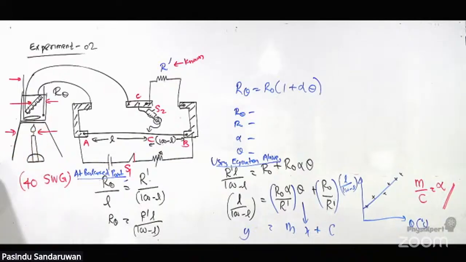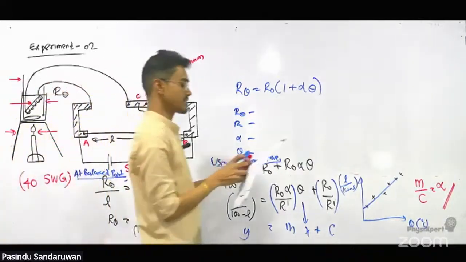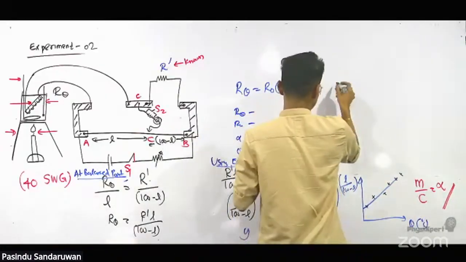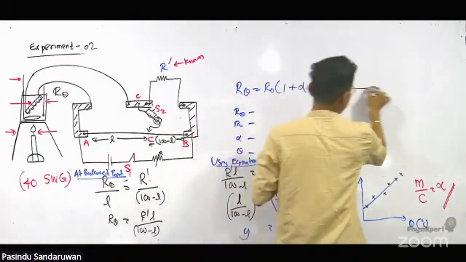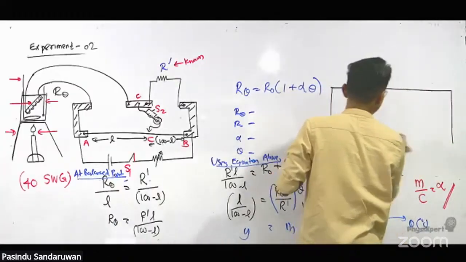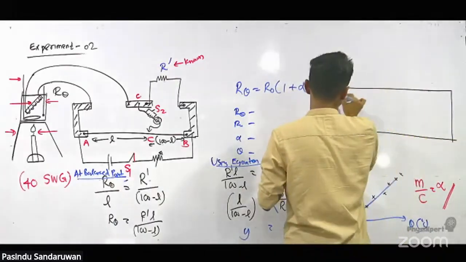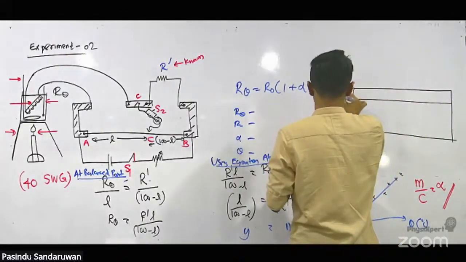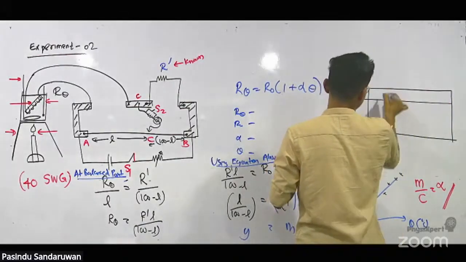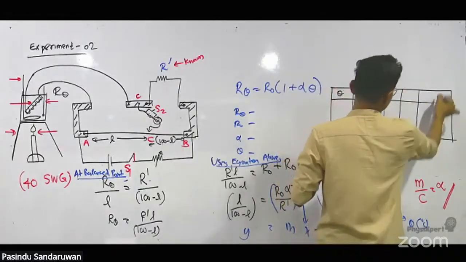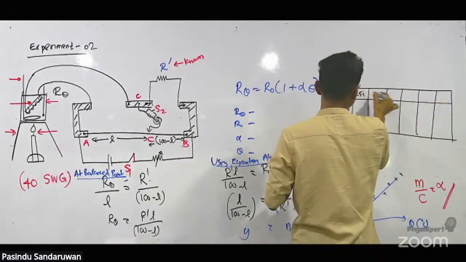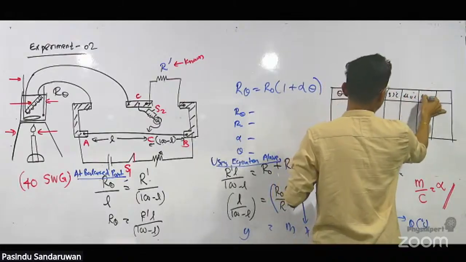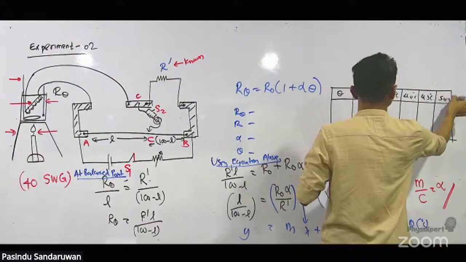Say you are starting at 25 on the thermometer. A minimum of 6 readings has to be recorded. Temperatures: 25, 30, 35, 40, 45, 50.